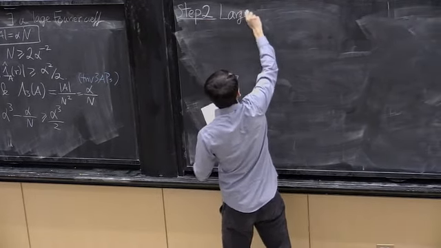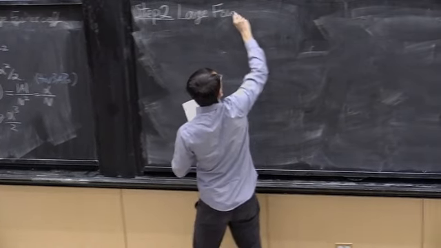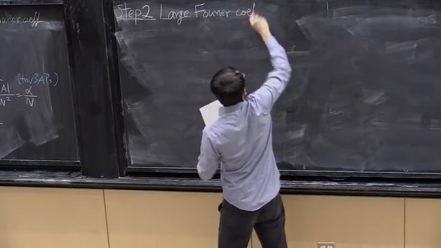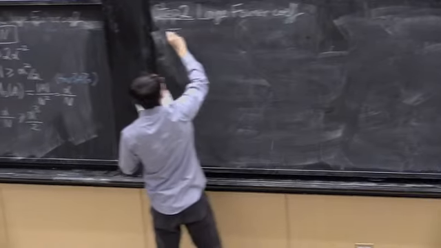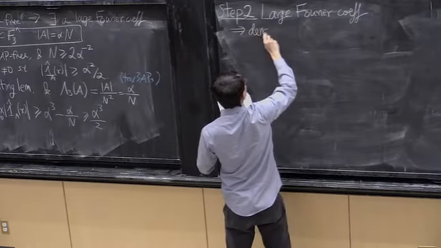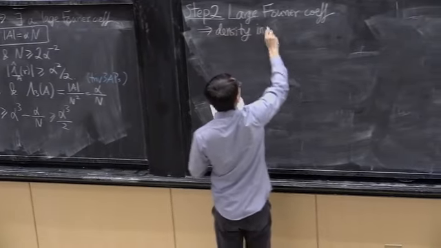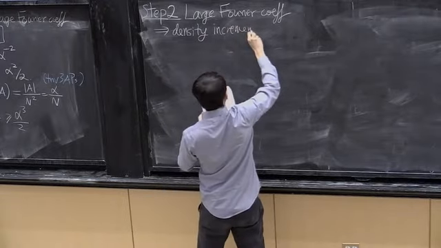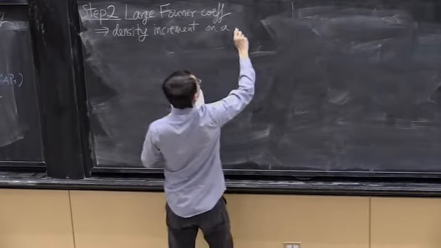Having a large Fourier coefficient will now imply a density increment on a hyperplane.